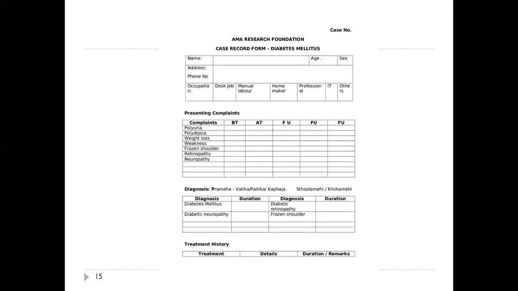Now, suppose you want to observe a patient during the course of a particular treatment for diabetes mellitus. So before treatment, first the details, the name, age and gender of the patient, the address and the occupation.